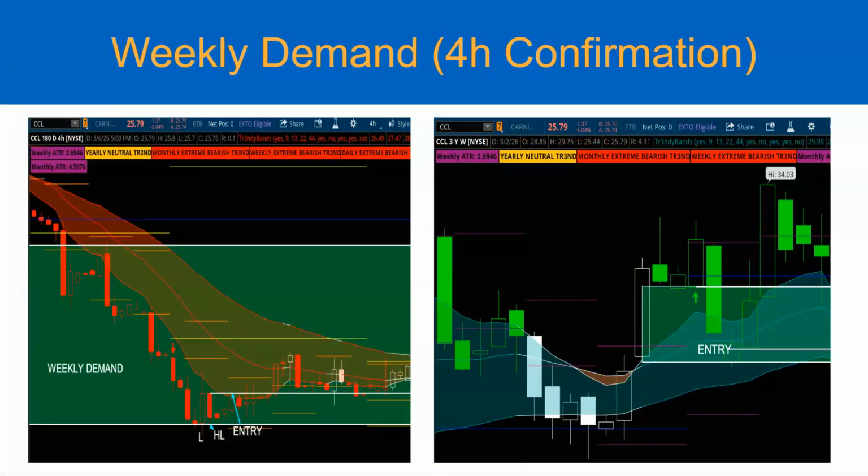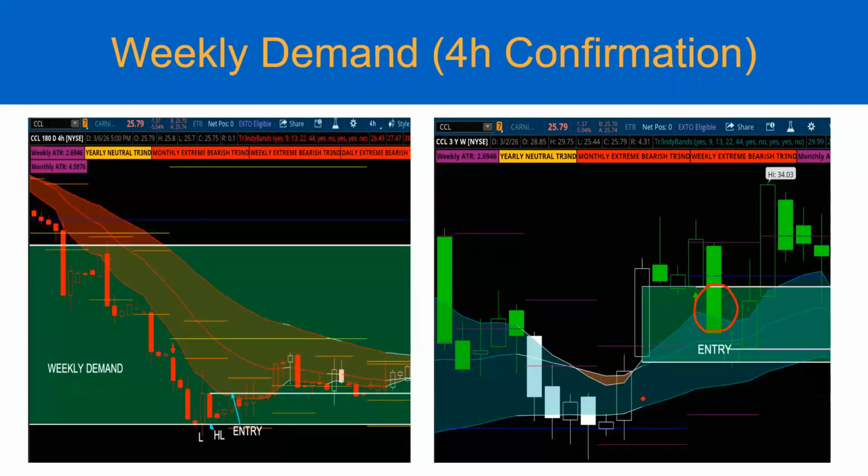All right, here is another example, CCL, Carnival Cruise Line. The chart on the right is a higher time frame. This was on a weekly demand zone. Once price entered this weekly demand zone, I went down to a 4-hour chart.